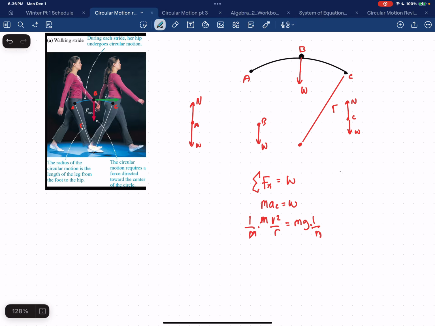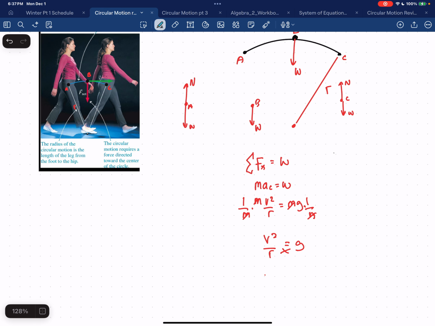The m's will cancel, and then we have v squared over r is equal to g. Cross multiply: v squared is equal to gr. I can square root both sides, so v is equal to the square root of gr. That's our maximum speed.